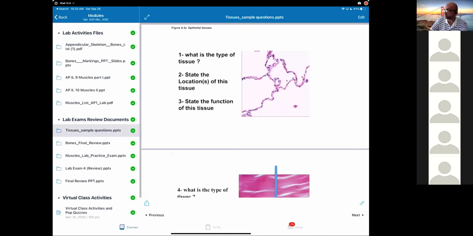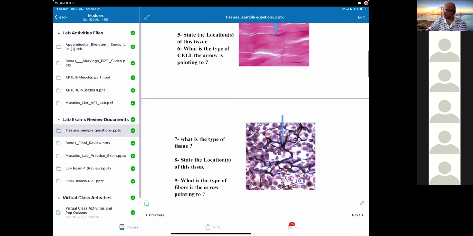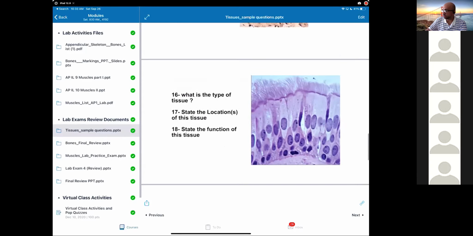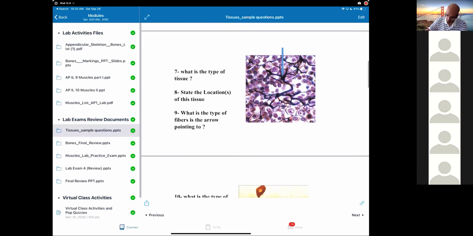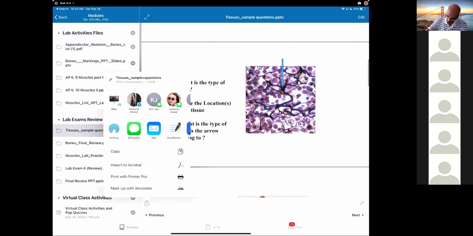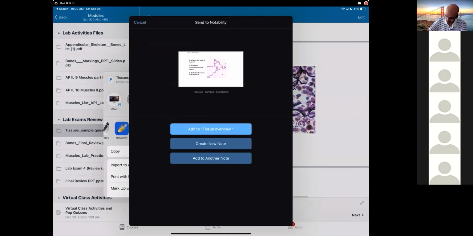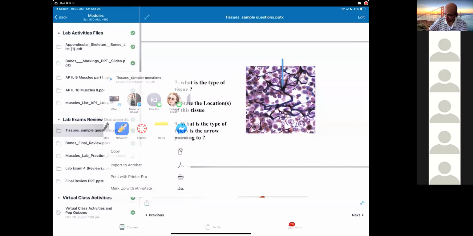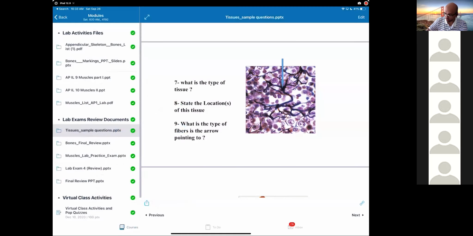Those are sample questions for you to get an idea about how the question is going to be addressed on the exam. All right, so would you help me with this, please? Here. So let us go over this as a quick overview of the tissues.